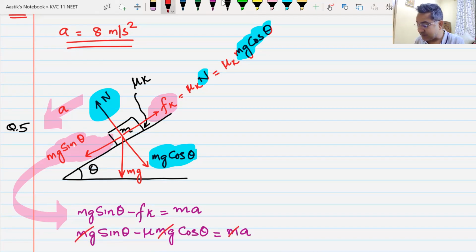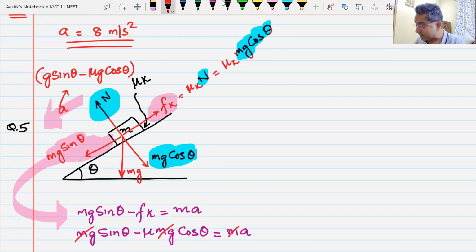The acceleration in this case will come as g sine theta minus mu into g into cos theta. That is the value of acceleration for this block when the block is rough.